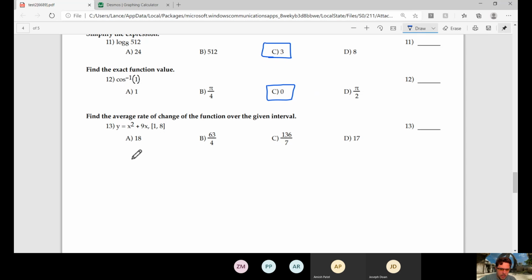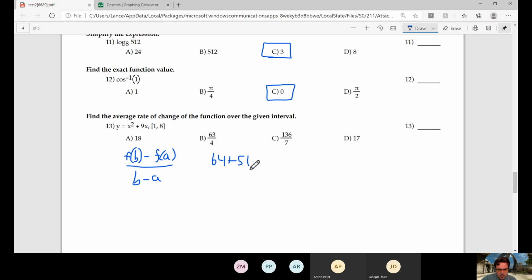What you do is f of b minus f of a over b minus a, also known as the slope formula. So you get 64 plus, oh god, this is terrible.